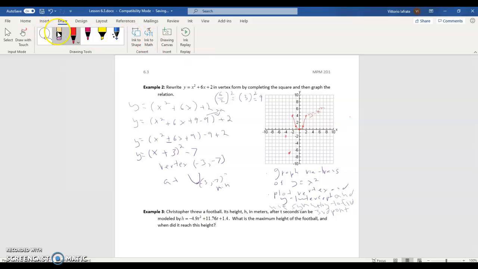Let me just erase that and retry it. So it would go to negative 4, 3 to the left, 7 down, so to negative 6 over here. And then this point here would go to negative 2 and then down 7, so to negative 6 over here.